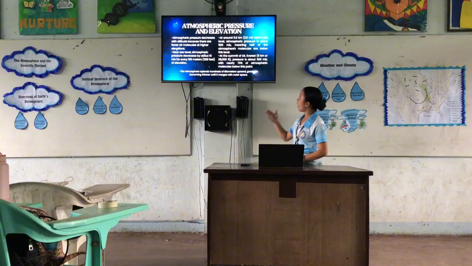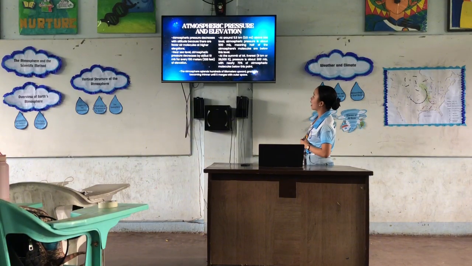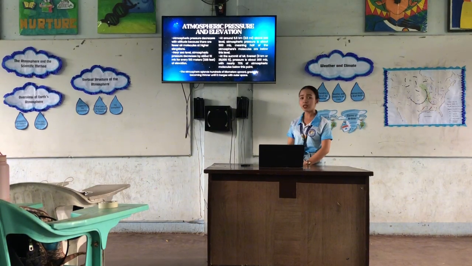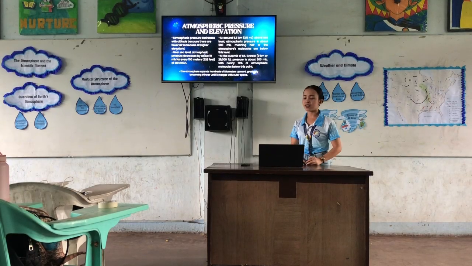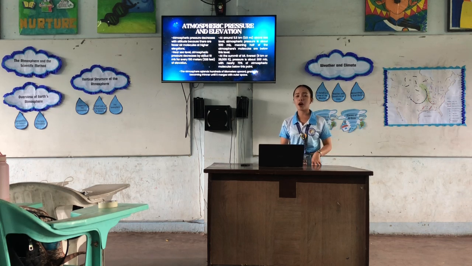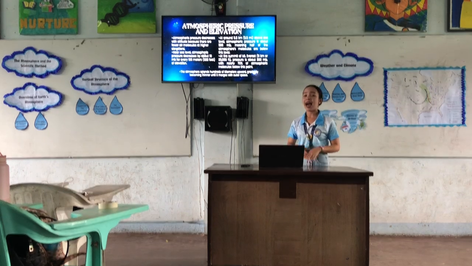At around 5.5 kilometers or 3.5 miles above sea level, atmospheric pressure is about 500 millibars, meaning half of the atmosphere's molecules are below this level. At the summit of Mount Everest, 9 kilometers or 29,000 feet, pressure is about 300 millibars, with nearly 70% of atmospheric molecules below this point. The atmosphere extends hundreds of kilometers upward, gradually becoming thinner until it merges with outer space.